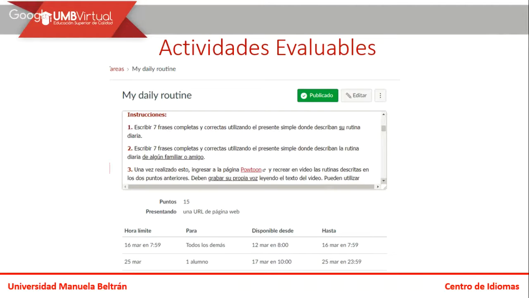Let's continue. Right here we had actividades evaluables. So my daily routine, this one is the first activity for this third module. The idea of this work is that you are going to write 7 sentences, complete sentences, taking into account simple present. And also, you're going to describe how your daily routine works or seems, ok? ¿Cómo es la rutina de ustedes?